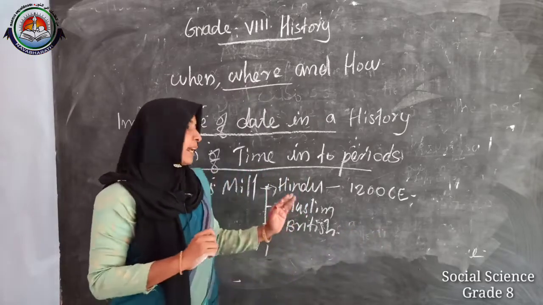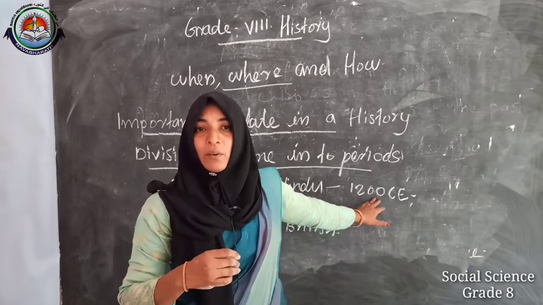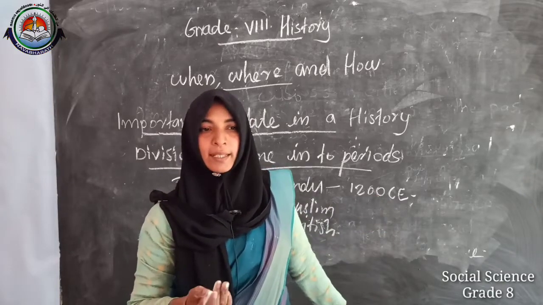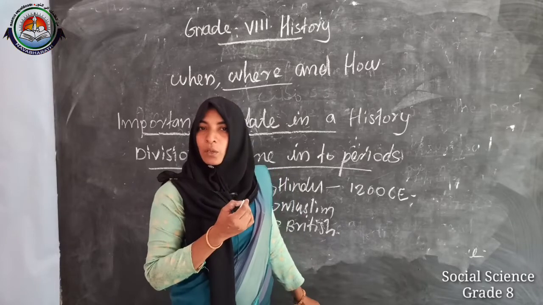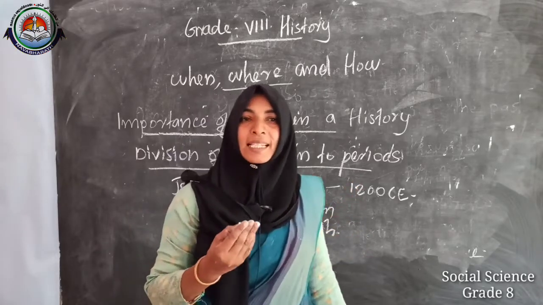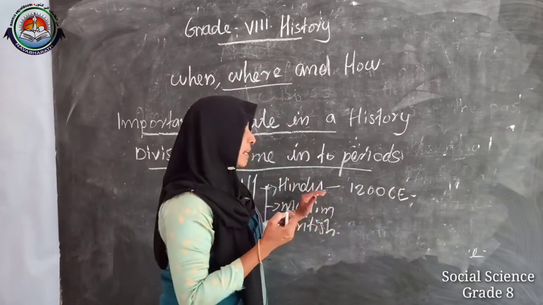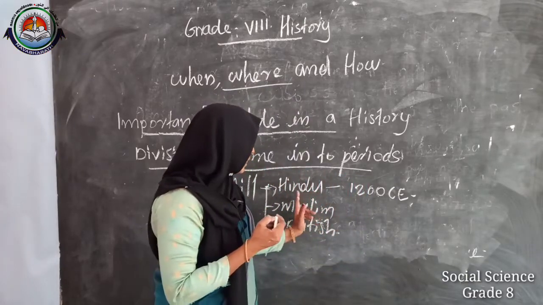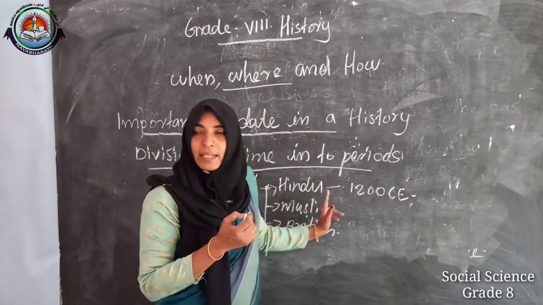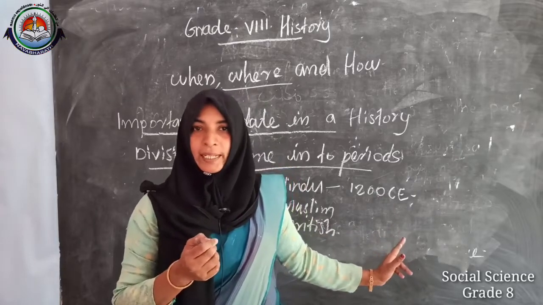That means up to the 12th century we had Hindu rulers, those who were using Sanskrit texts. That is why James Mill divided Indian history up to the 12th century as the Hindu period.